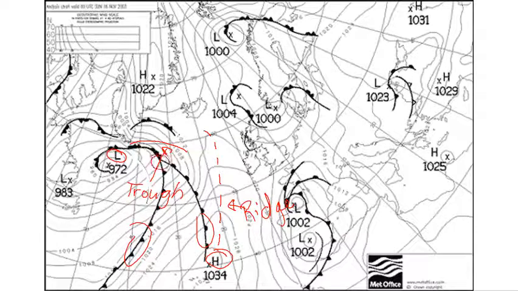Tapos nandito yung triple point. So yung galaw niya papunta dyan. So, masasabi natin na umiikot yung hangin in a counterclockwise direction going towards the area of low pressure. So, nasa northern hemisphere tayo.